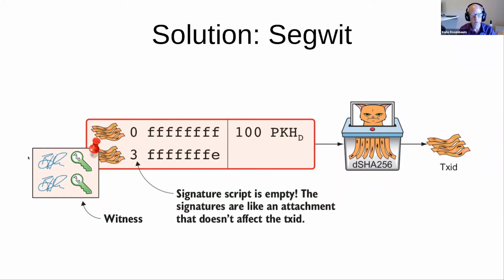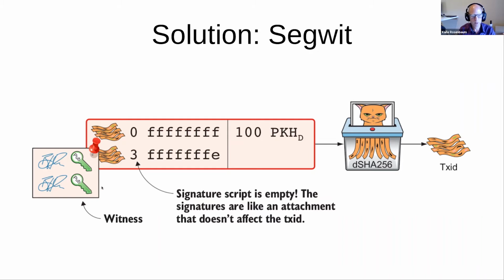So each row here is one witness field and corresponds to the respective input. This row corresponds to the first input, and this row corresponds to the second input.